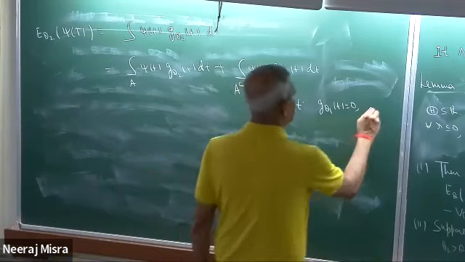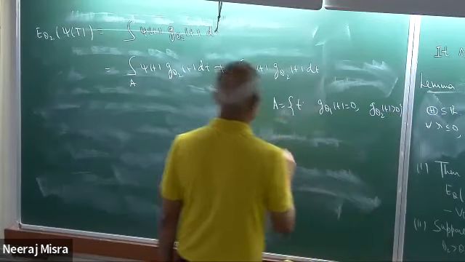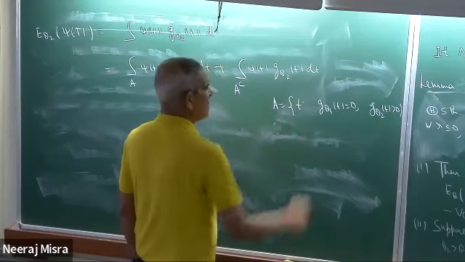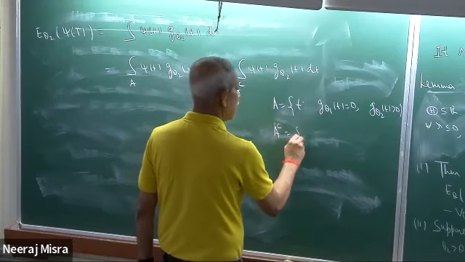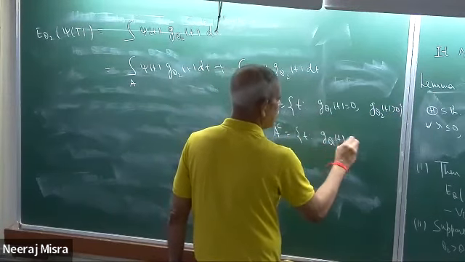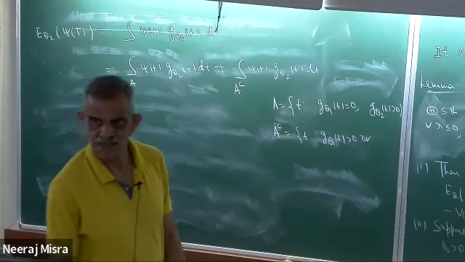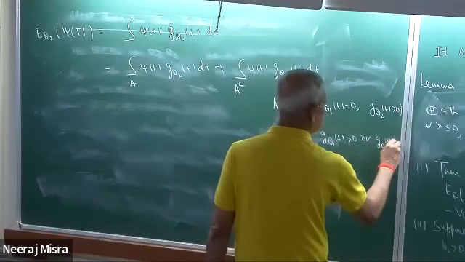So g theta 2t is positive, and A complement is basically collection of all those t such that g theta 1t is positive or g theta 2t is 0, right? g theta 1 and g theta 2 are densities, right?